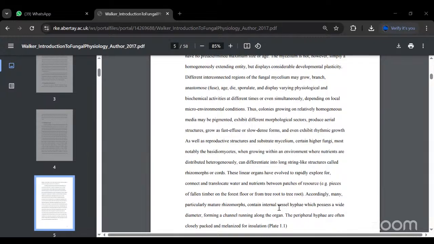Peripheral hyphae are often closely packed and melanized.